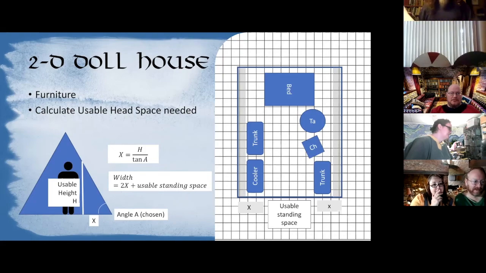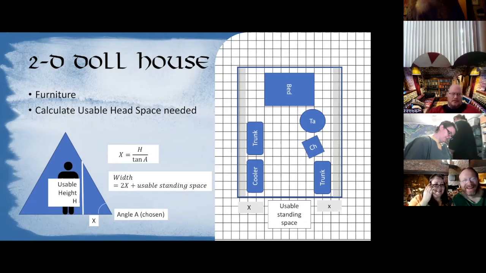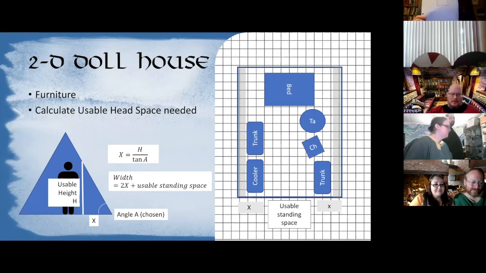Okay. So take another piece of graph paper, a blank one, and let's look at a 10 by 10. So there's 2, 4, 6, 8, 10. So I'm going to start out with a 10 by 10 square.